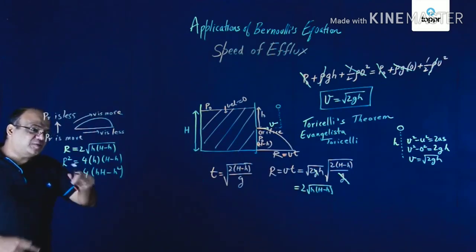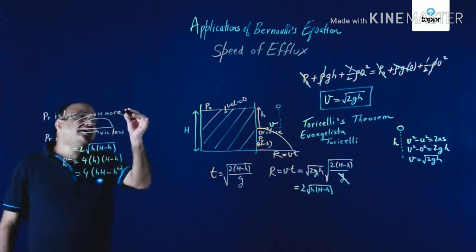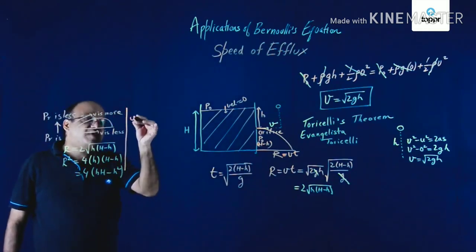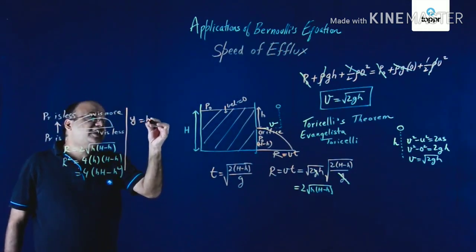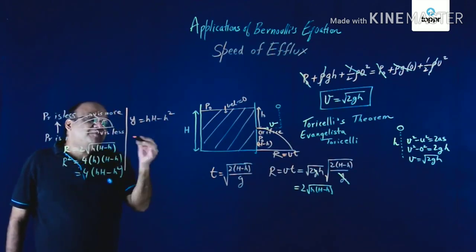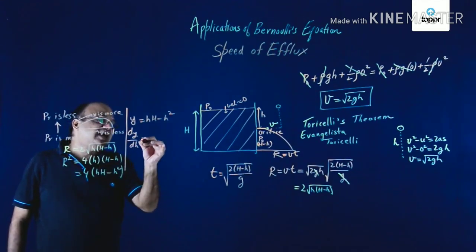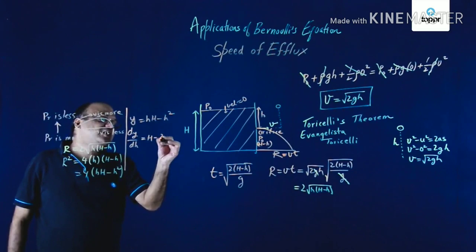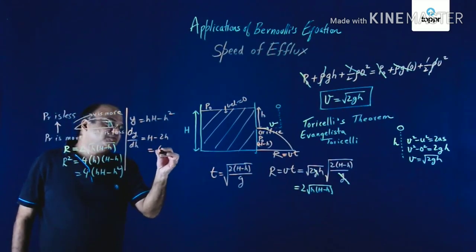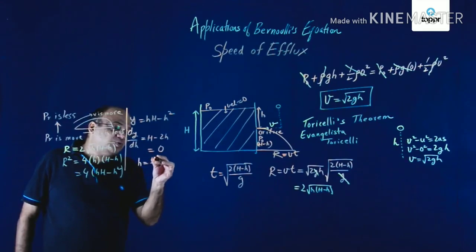Now the range will be maximum when y equal to Hh minus h square is maximum. To find the maximum, we differentiate this with respect to small h. Capital H is a constant, so you will get H minus 2h equal to 0. So from here, we get h equal to H by 2.